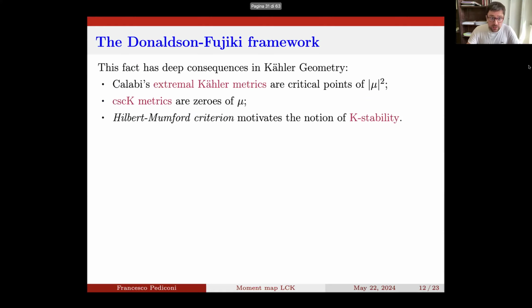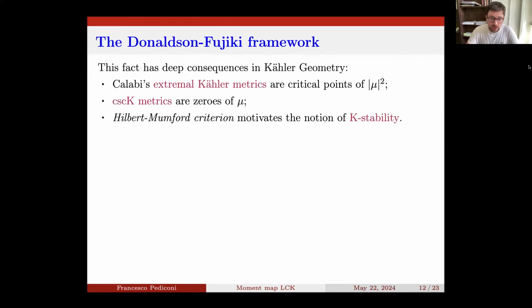Actually, this fact turned out to have deep consequences in Kähler geometry. So it's not just a formal equation, but it actually gives you some structure. For example, as I said before, it gives you a unified viewpoint on some different notions. You can recover the notion of Calabi's extremal Kähler metrics as critical points of the square norm of mu, and the cscK metrics as zeros of mu.